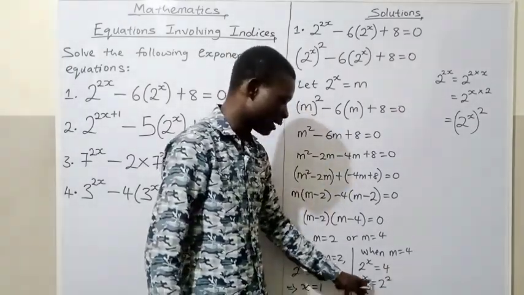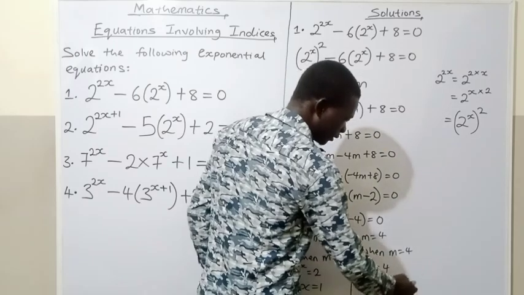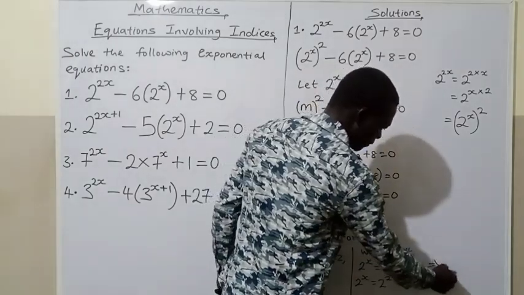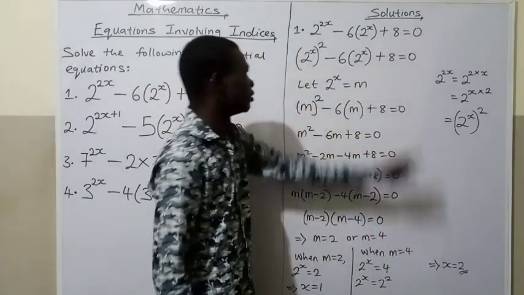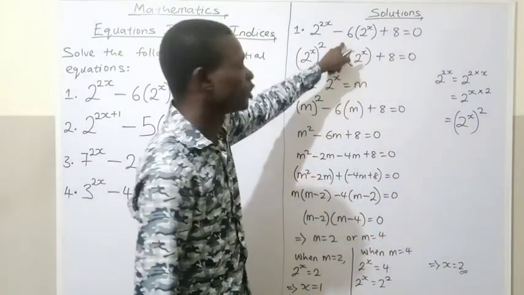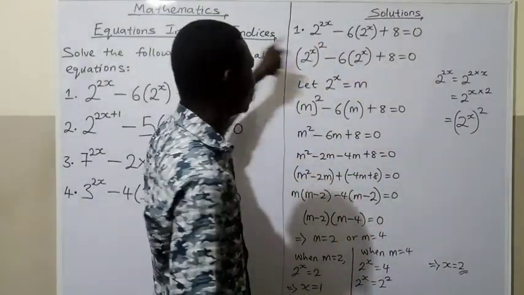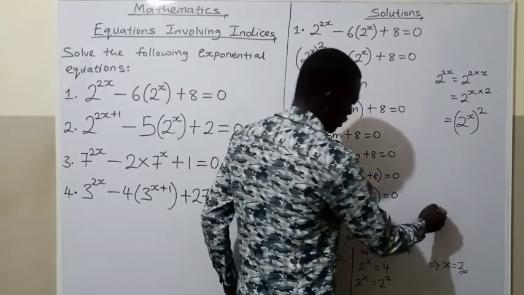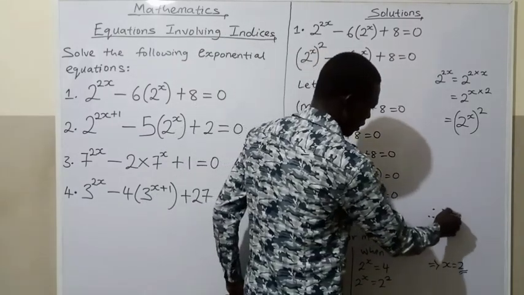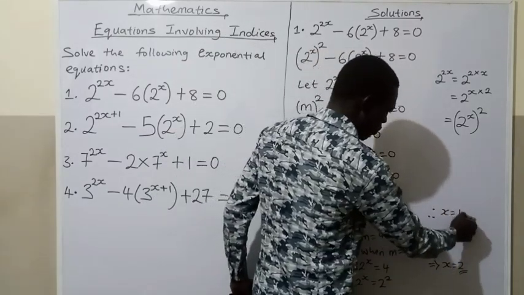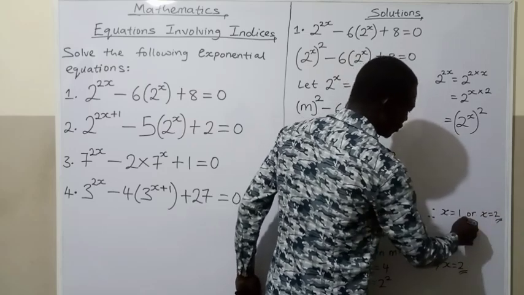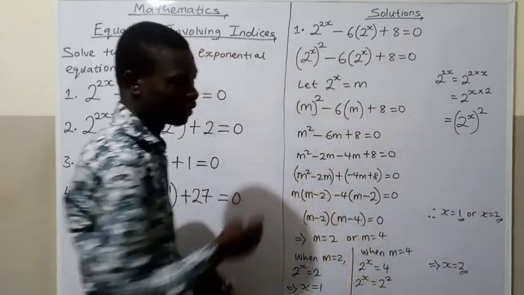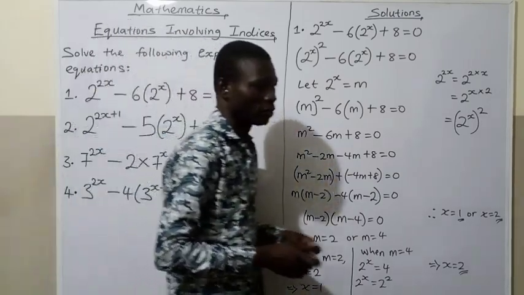So if 2 raised to power x equals 2 raised to power 2, that tells us that x in this case is equal to 2. So what are the two solutions to this equation involving indices? The two solutions are x equals 1 or x equals 2. So either of these two solutions satisfy the condition of the question that has been given to us.